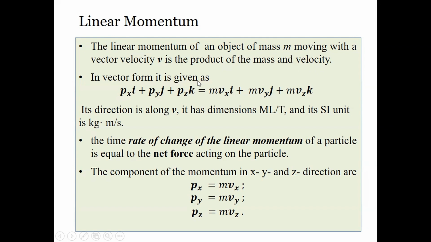In vector form, it is given as pxi plus pyj plus pzk as three components of the momentum vector, equal to mass times the vx velocity times i unit vector along the x-axis, plus m into vy multiplied by j unit vector along the y direction, and m into vz times k unit vector along the z direction.